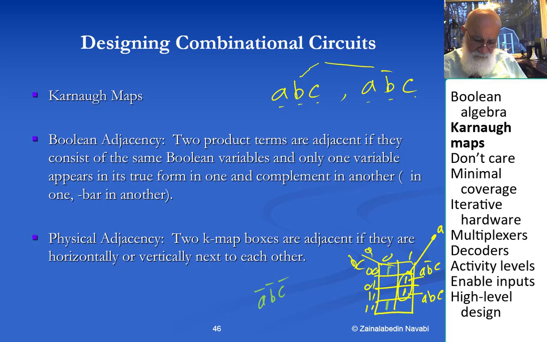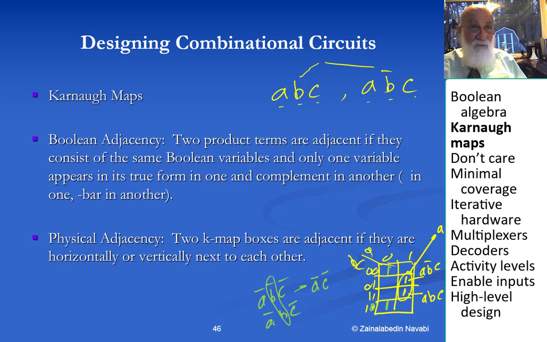The lower one is A bar, B, C. Okay, there are 2 product terms. That means these are all ANDed together. Sorry, this 1, 0. Okay, and they are only different in B. That means the term that these 2 product terms reduce to is A bar, C bar.